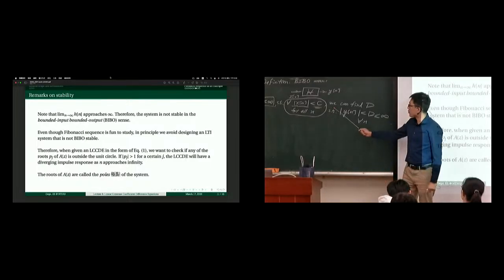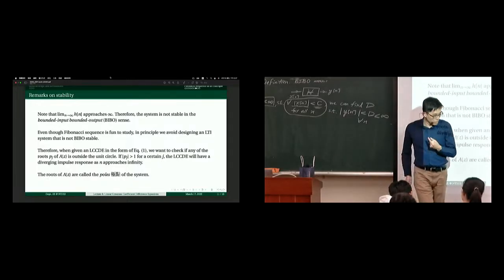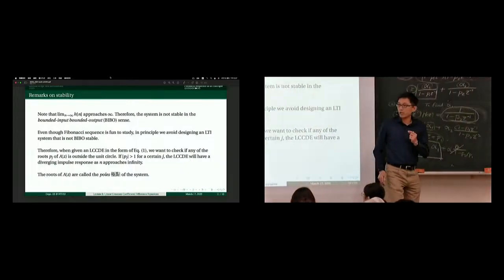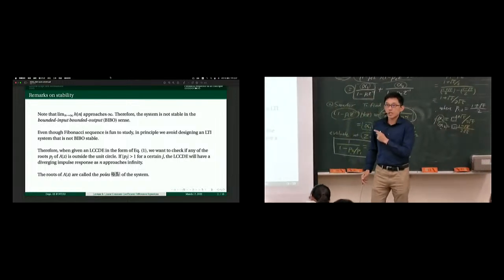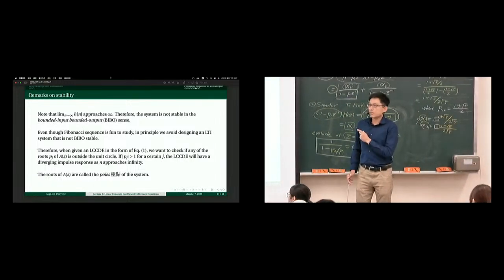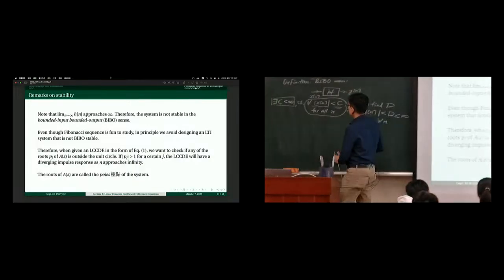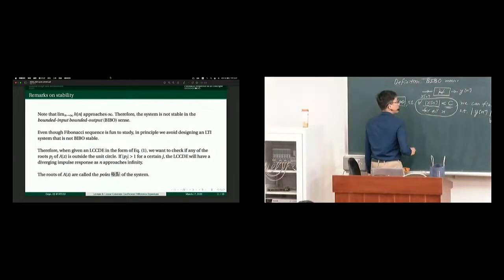This definition is pretty strict. It needs to be satisfied for any bounded input.